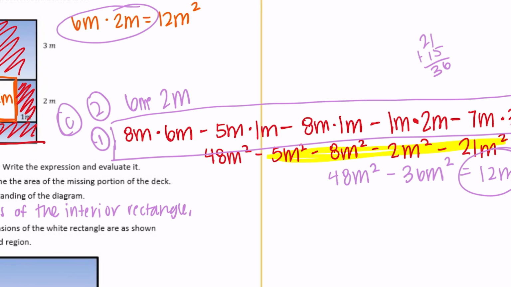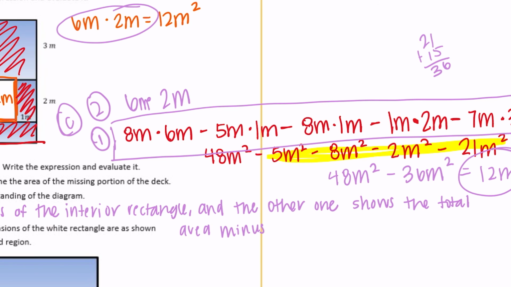And the other one shows the total area minus the sum of the wooden areas.